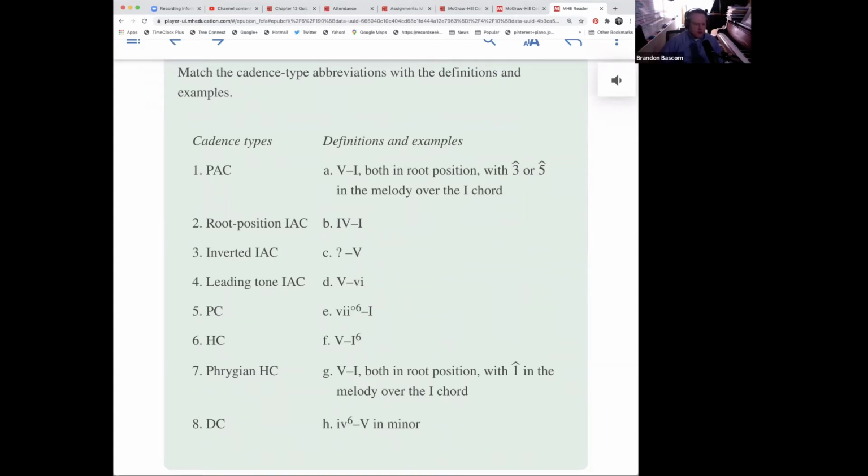There's something remarkably similar to this on your exam. Do you know all of those?